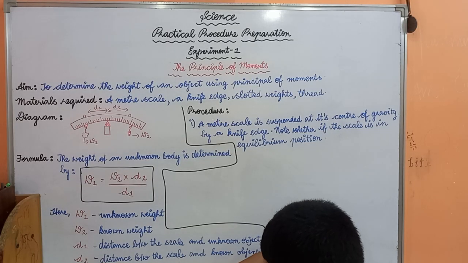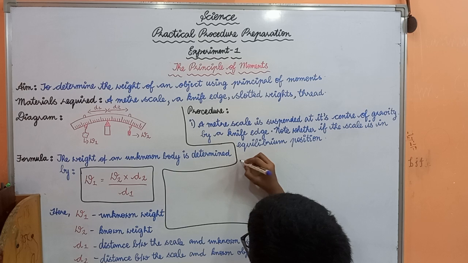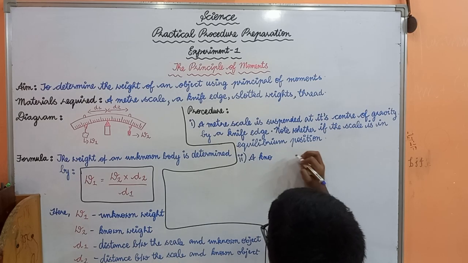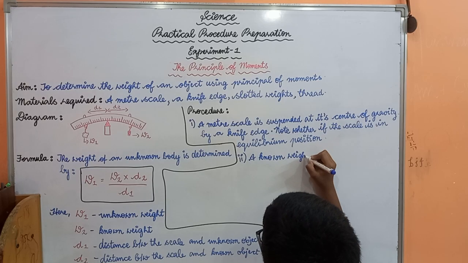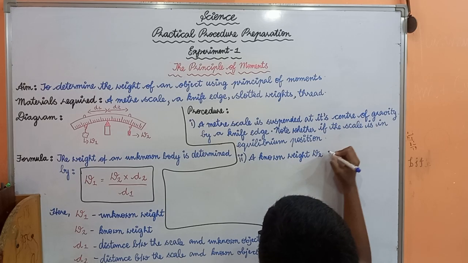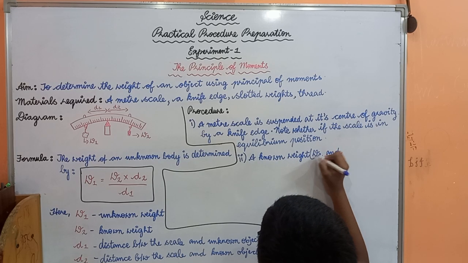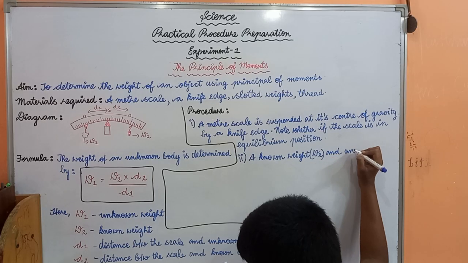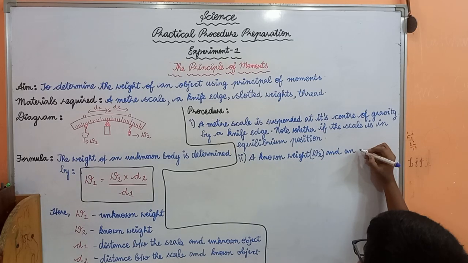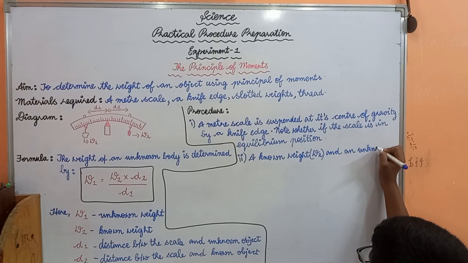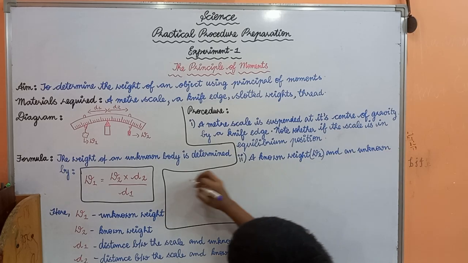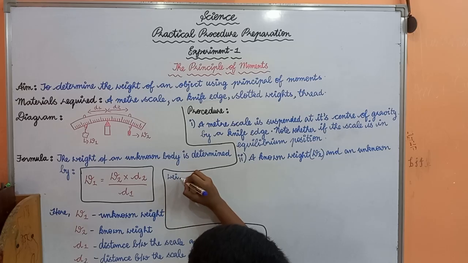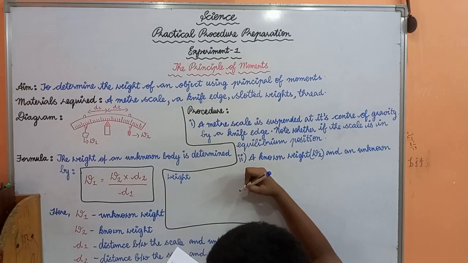So next one is a known weight. What's a known weight? W2. A known weight and an unknown weight are suspended.